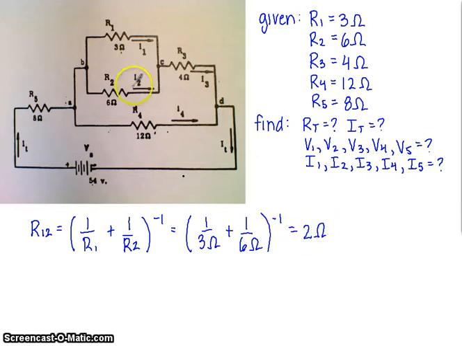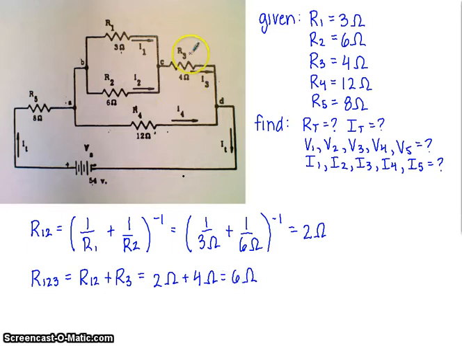You can redraw that as one circuit now, and that one circuit would be combined with R3 in series. R123 would therefore be R12 plus R3, giving us 6 ohms for R123. That combination is then combined in parallel with R4.